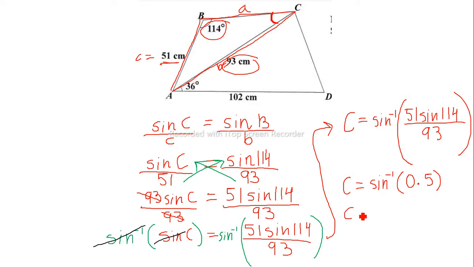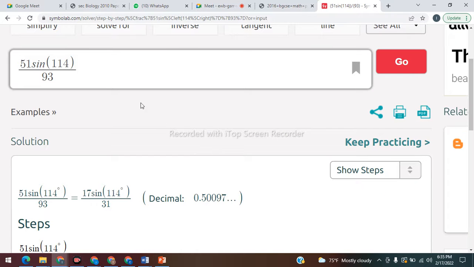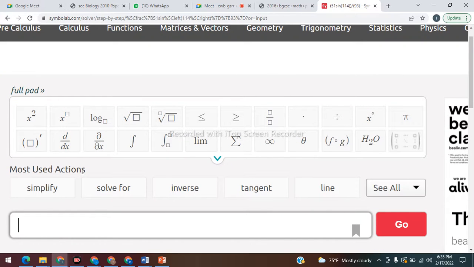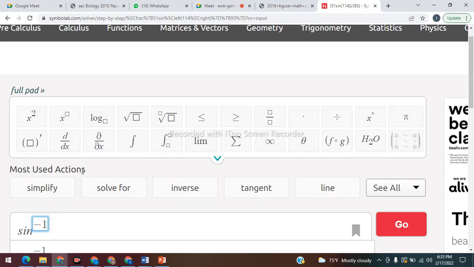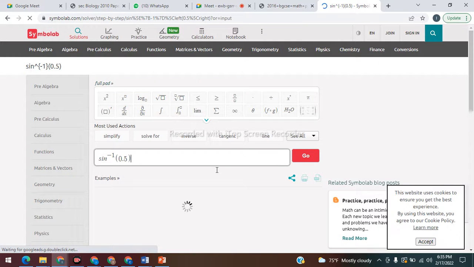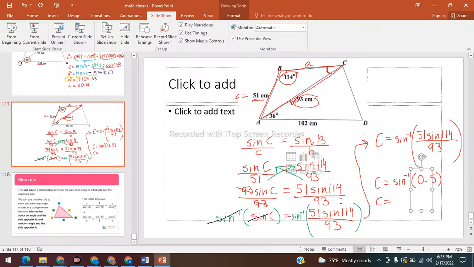So C is going to be equal to sine inverse of 0.5. Now what is sine inverse of 0.5? It is going to be equal to 30 degrees. So C is 30 degrees.